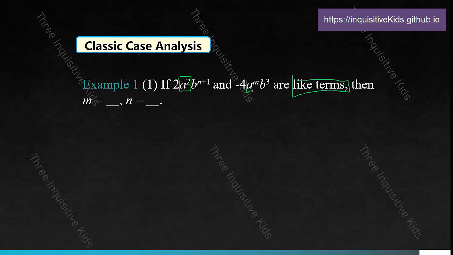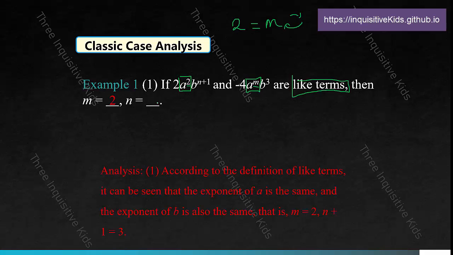The second one, it's a to the mth power. But they are like terms. That means that their exponents have to be alike. That means 2 needs to be equal to m, or the other way around. So that gives us that m is equal to 2.